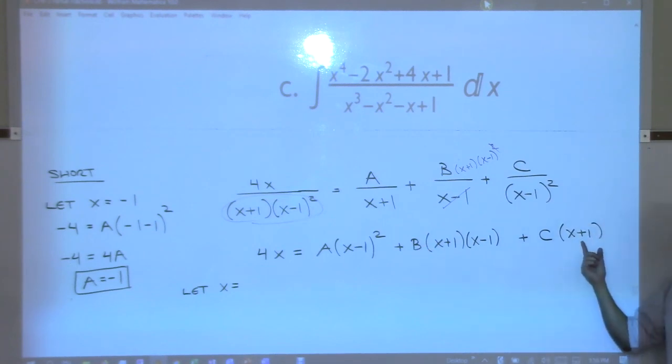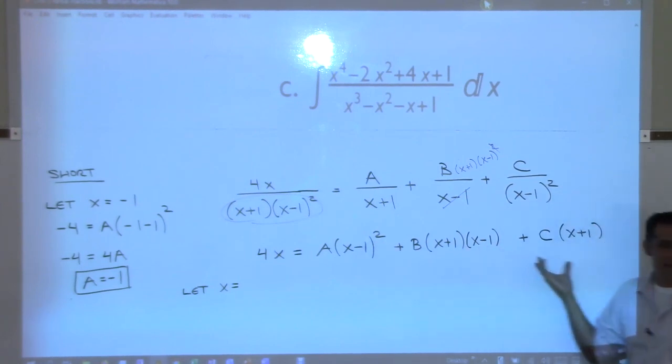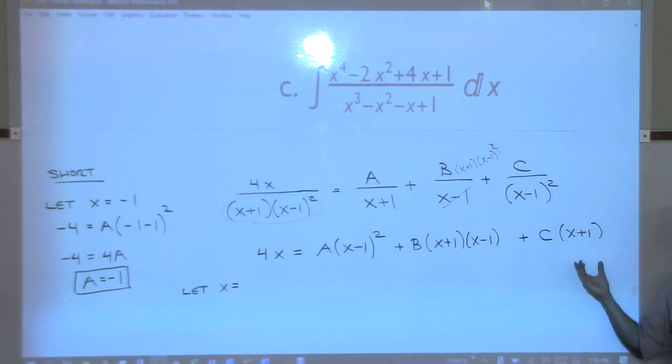And if you try to kill this, you let x be -1, you're going to kill this too, and you're not going to kill that. So there's just no way to get b. But we can get c by letting x be 1. So why don't we go get c? Let's get as much as we can.